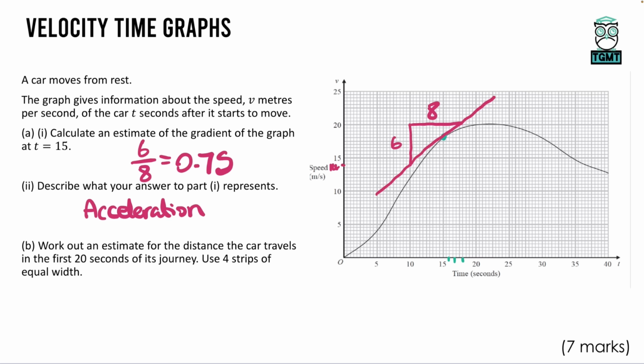Now part B says work out an estimate for the distance travelled. To work out the distance travelled, we need to find the area underneath the curve. It says here to do it in the first 20 seconds and to use 4 strips of equal width. So up to 20, we'll have our first line here.